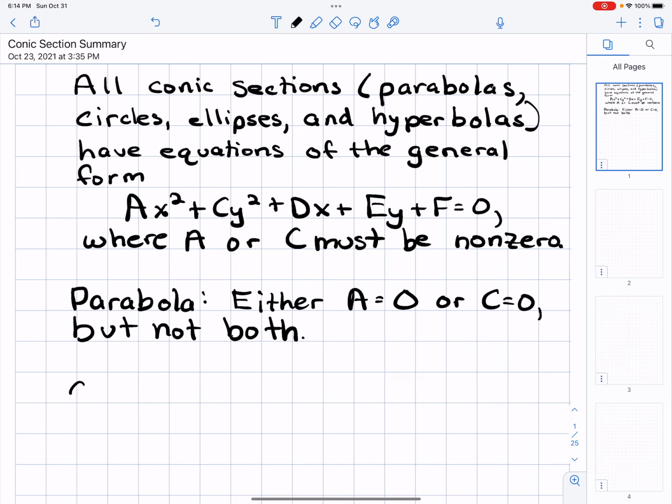If you're dealing with a circle with this equation format, a equals c. So the numbers in front of x squared and y squared are going to be the same, but they also do not equal 0. So you have to have that x squared and y squared in there in order to have a circle.